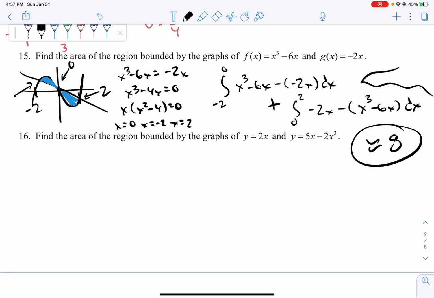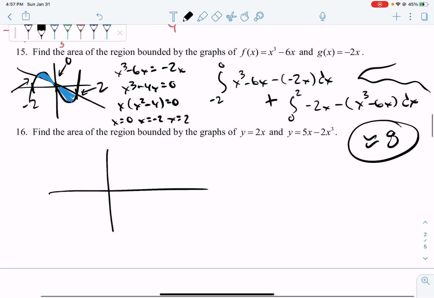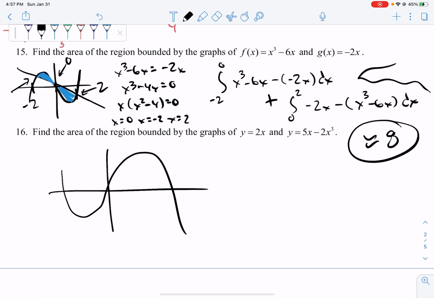Okay, so this is almost the same graph, except that my x cubed is going to be flipped over. So rather than going up first, I'm going to be going down and then up and then down. Wow, that is so not symmetrical, guys.